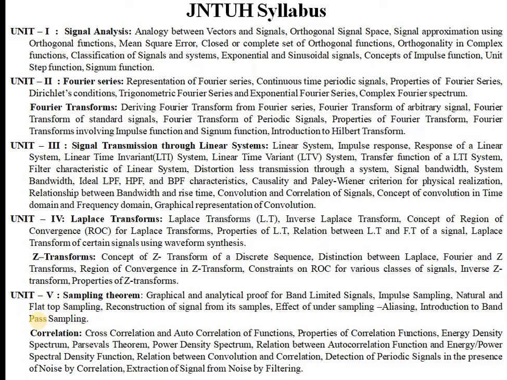We will also see the frequency domain representation of these operations in terms of energy density spectrums and power density spectrums, and the relation between autocorrelations and power density spectrums in the final unit.